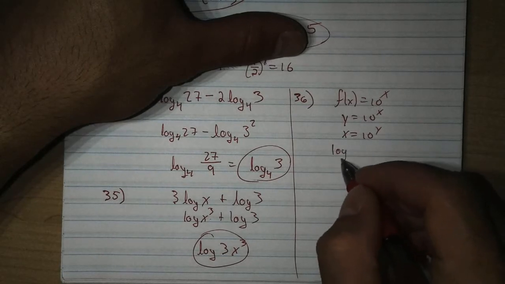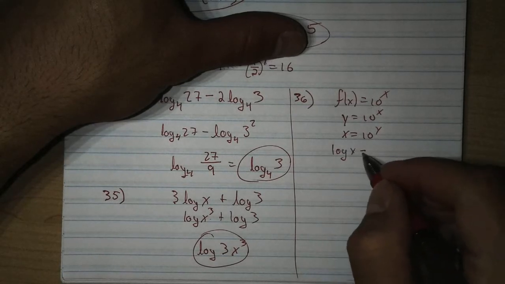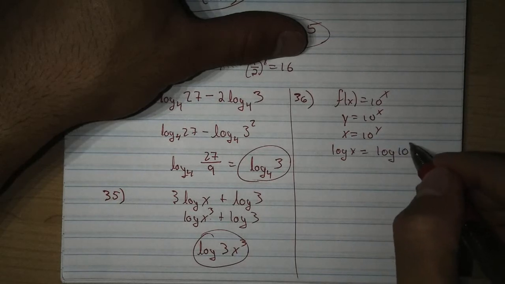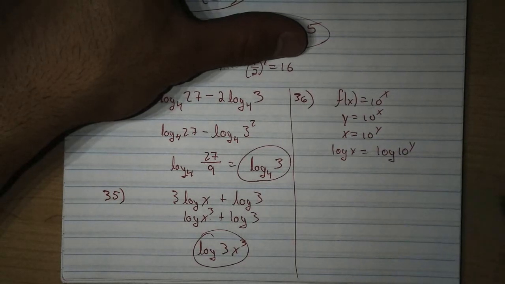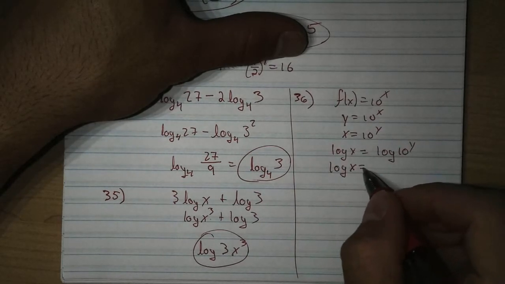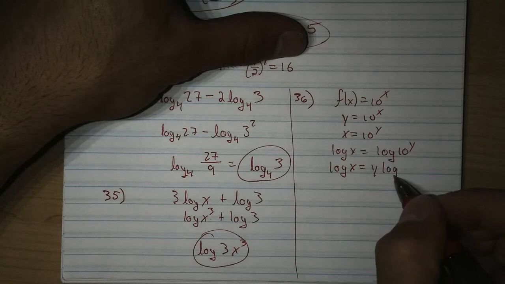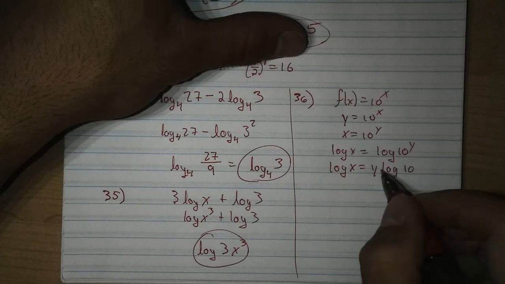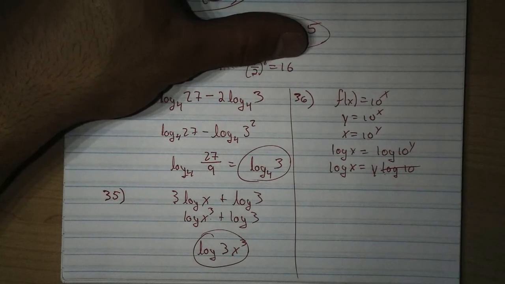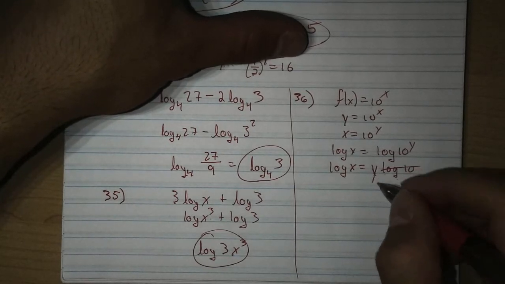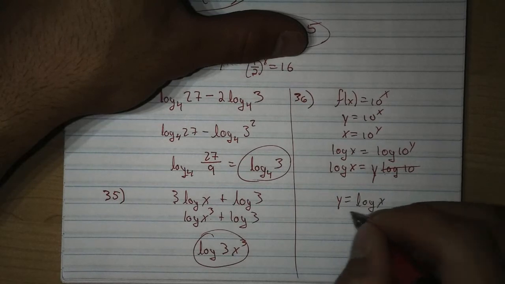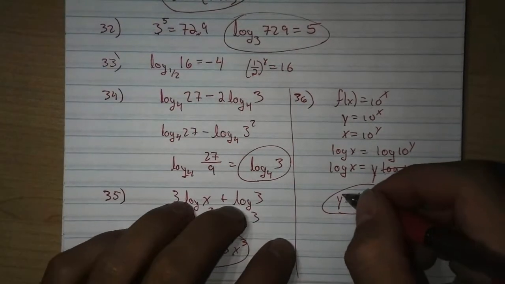So log of x equals log of 10. The y comes to the front. Log of 10 cancels. So y equals, it's the inverse of the inverse.